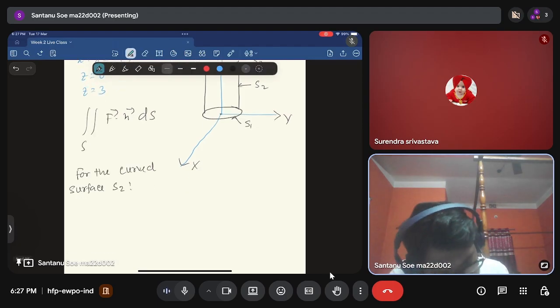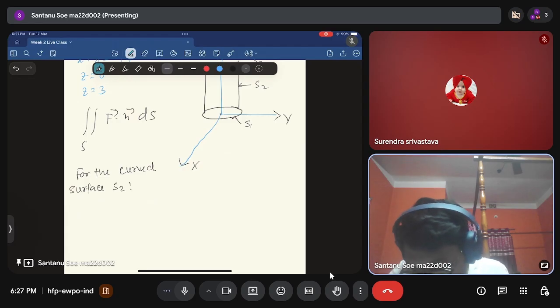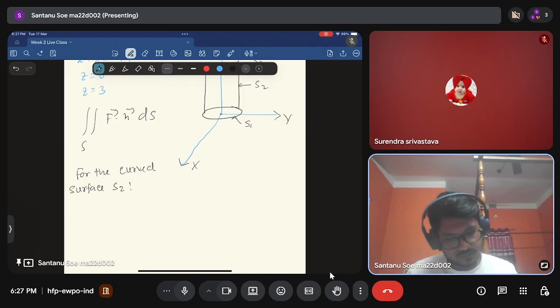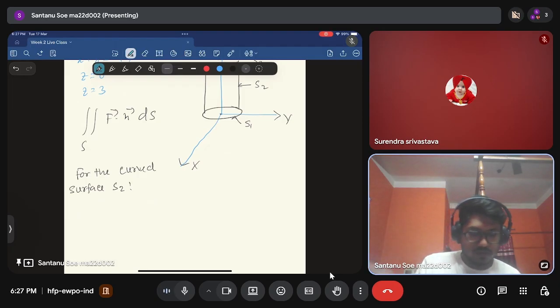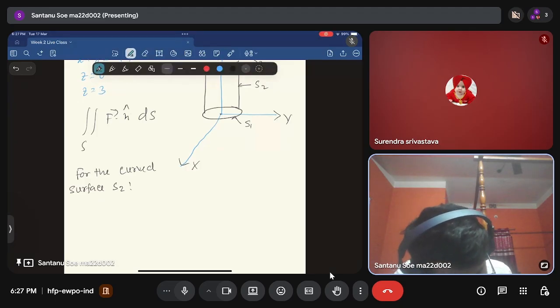So for the curved surface S2, our n is nothing but the gradient of f divided by the norm of the gradient of f.